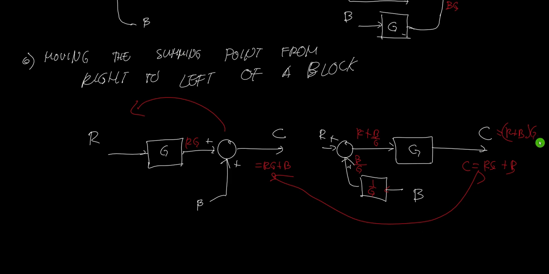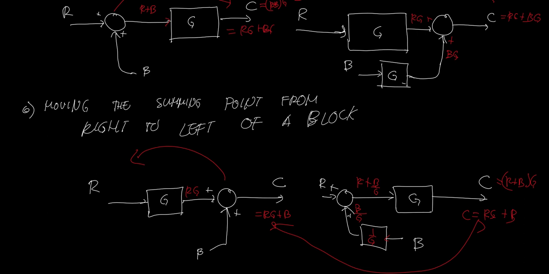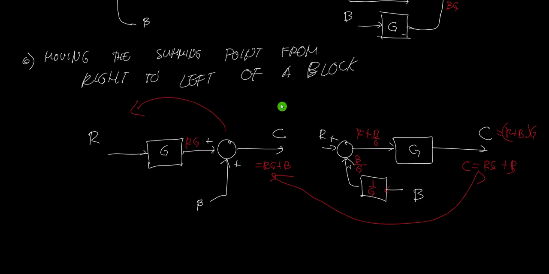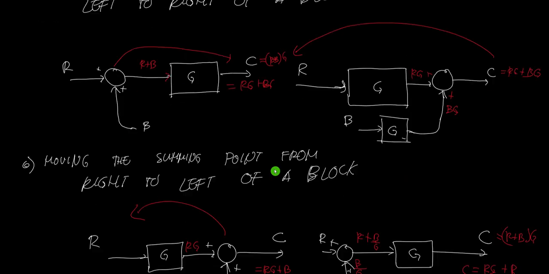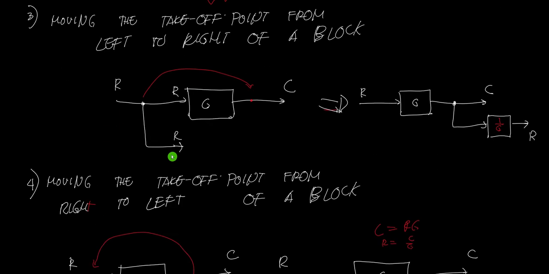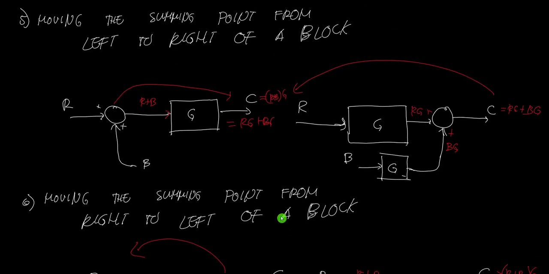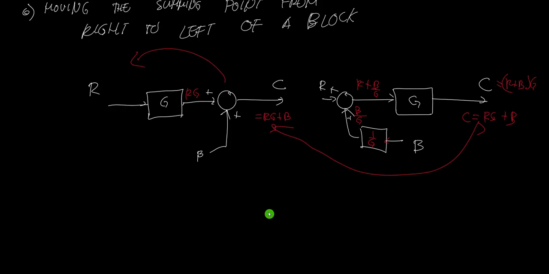Okay, this is how we move a summing point. This is how we move a takeoff point. Now that you know the concept here, these are different rules. You don't need to memorize them. You just need to understand the concept. The important thing is that the output and the input of the one that you are simplifying should always be the same as the output and input of the simplification.